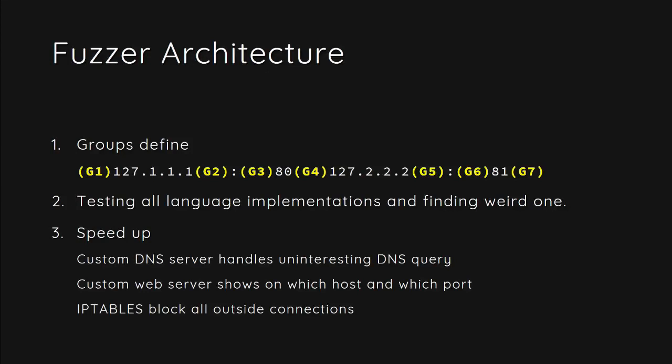Our fuzzing model just tests all language implementations and finds the weird one. Because we also fuzz the URL requester, we need to ensure they are all in the local network. So we also set up a local DNS server, a local web server, and iptables to speed up the whole process.